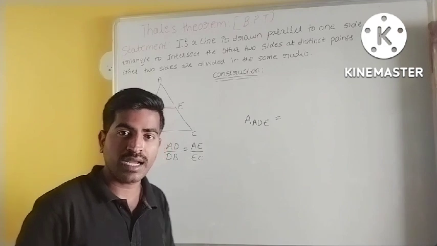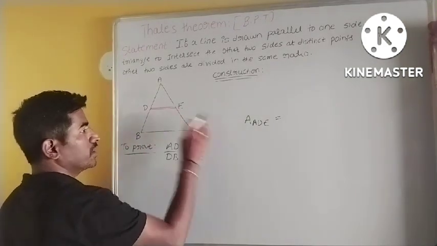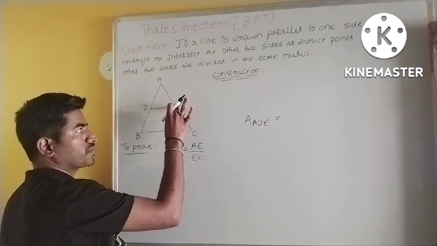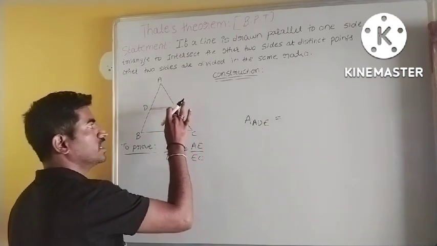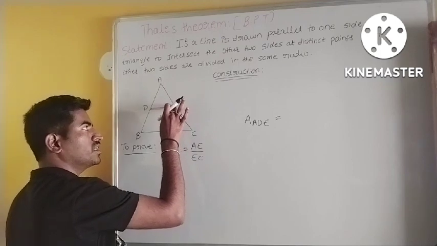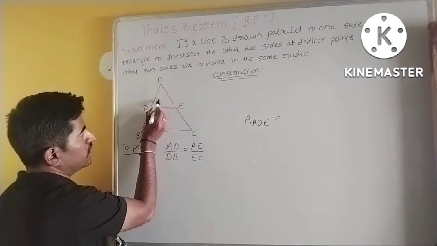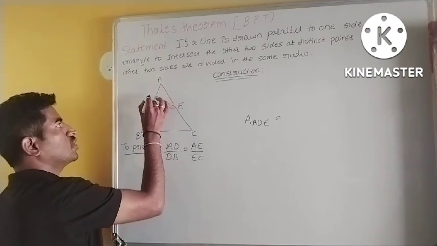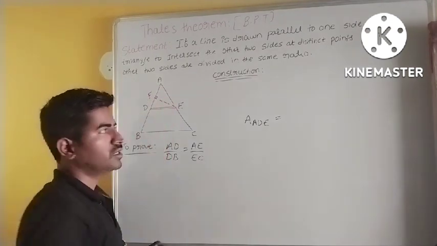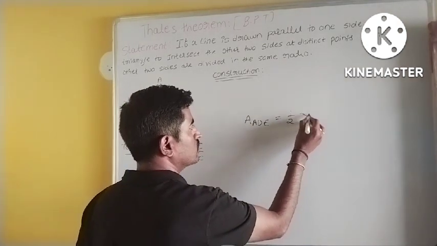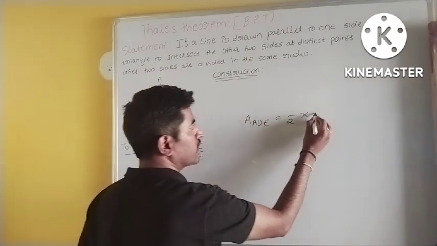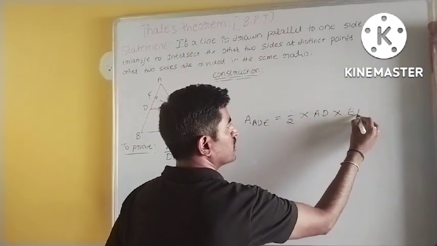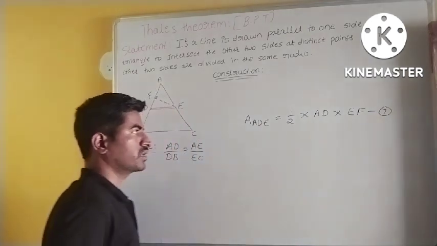Then what is the perpendicular height? So I need to construct it now, because if I take AD as the base, the remaining vertex is E. From here I need to construct a line which is perpendicular to this base AD. So I will take this point as F. Then it is half into base AD, which I have taken already, and the height is EF. So let me consider this as equation number 1.